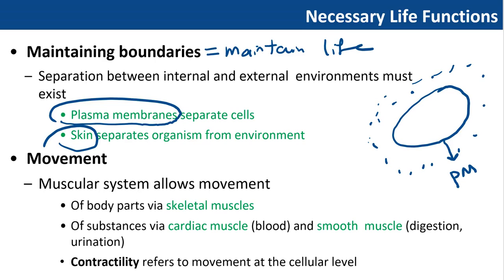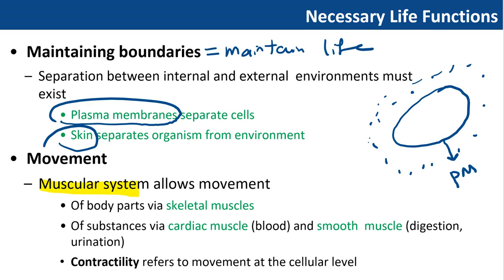The next necessary life function is movement. It includes all the activities promoted by the muscular system. So our muscular system is responsible for movement. Movement of body parts occurs via skeletal muscles.